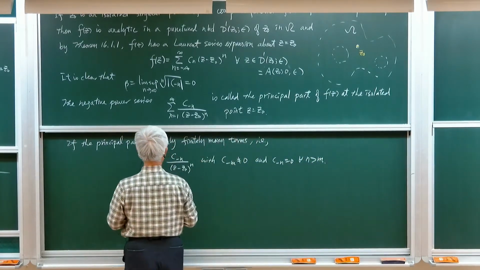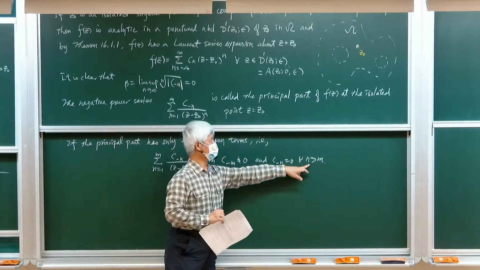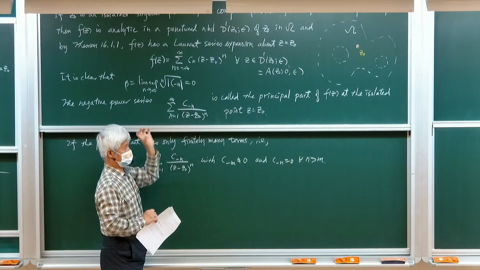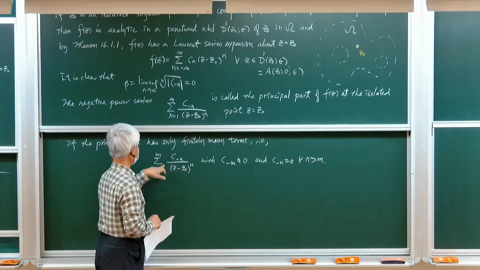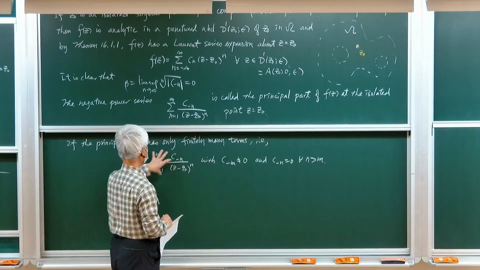So when n is greater than m, all the c minus n are zeros. But for some m, this coefficient is non-zero.